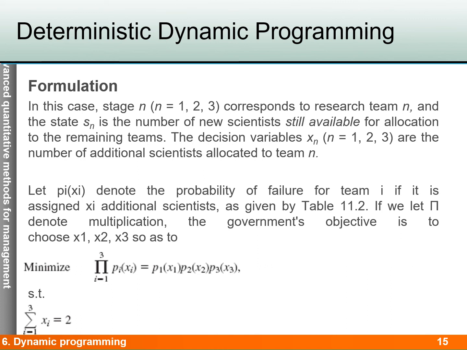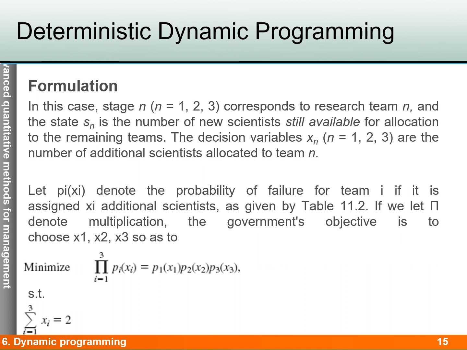The three research teams are the number of additional scientists allocated to team n. Again, like the previous part, let pi of xi denote the probability of failure for team i if it is assigned xi additional scientists. xi means either 0 or 1 or 2.